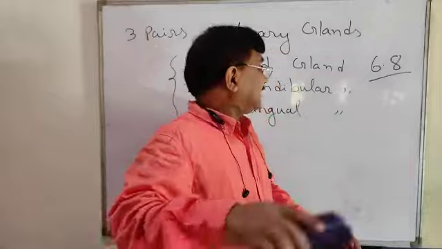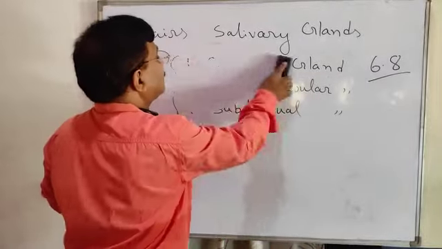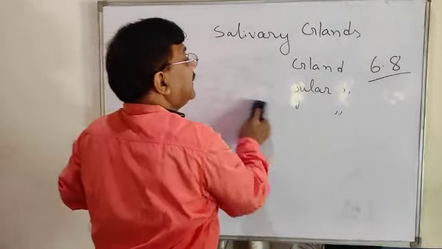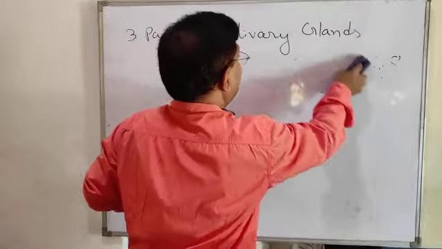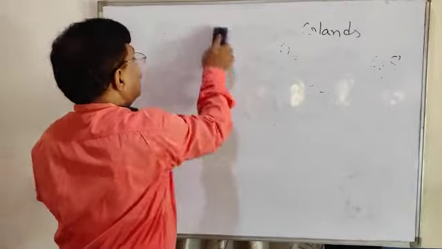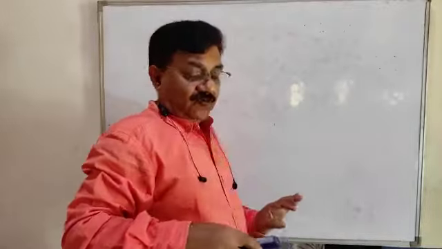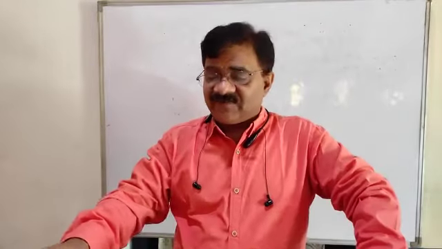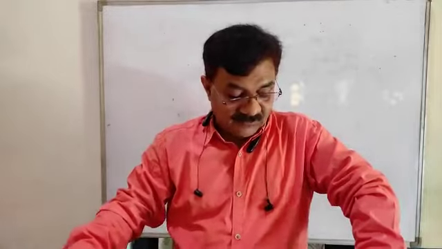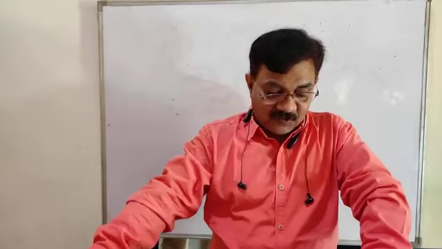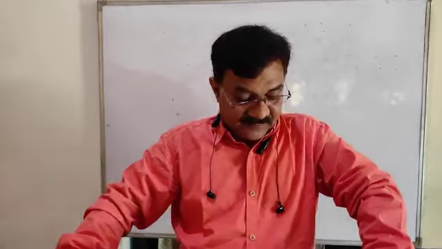Now, what are the functions of saliva? Naturally, it waters the mouth, helps to swallow the food, moistens and lubricates the mouth and the food, and acts as a solvent. Certain substances, certain food items like sugar and salt dissolve in this solvent and give taste.